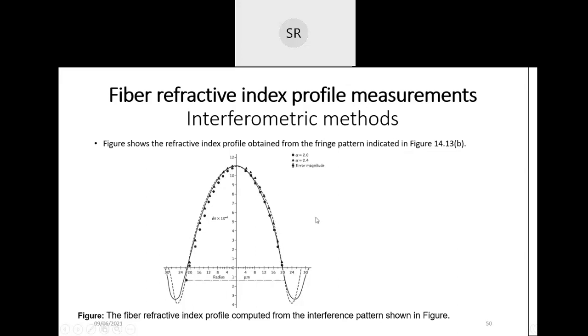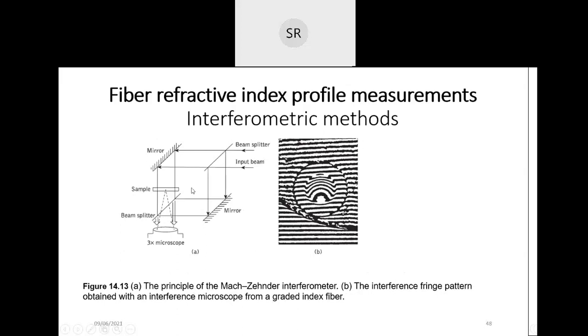Now the limitation of this method is what? We need to prepare the fiber sample or this fiber slice very accurately and thin, and light is to propagate through it, and then we can measure the interference fringe pattern.